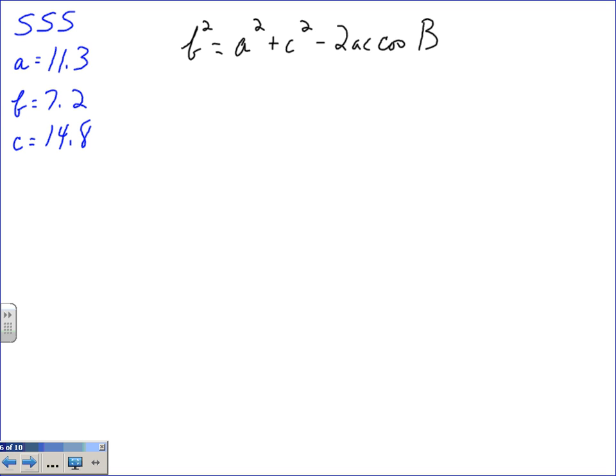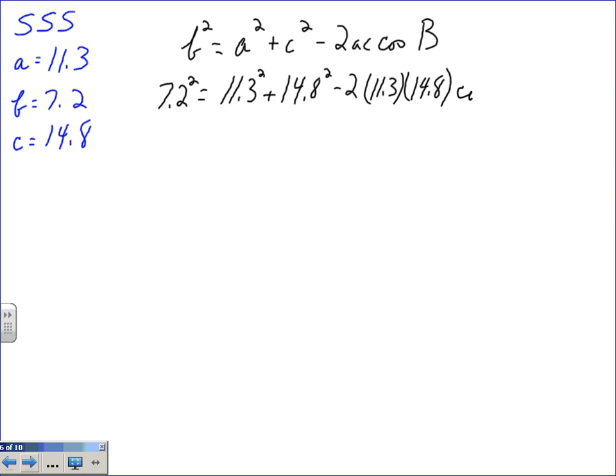So let's walk through this. B is 7.2 squared is equal to A squared, 11.3 squared, plus C squared minus 2 times 11.3, 2 times A times C, times cosine of B.